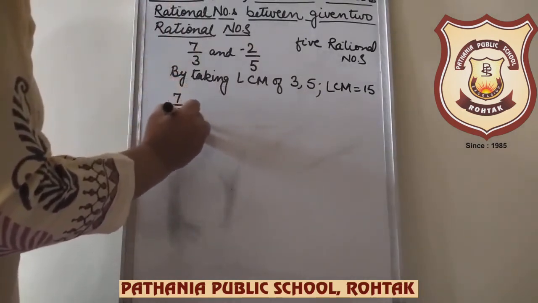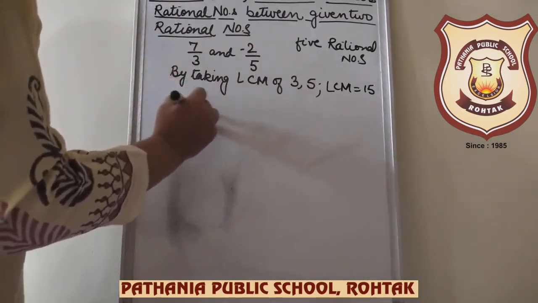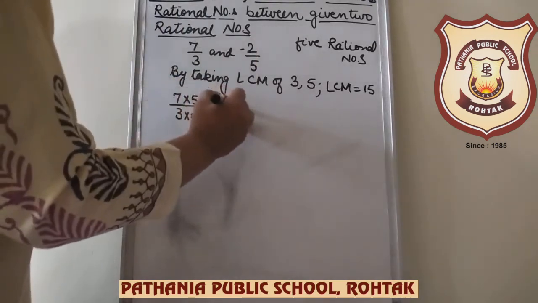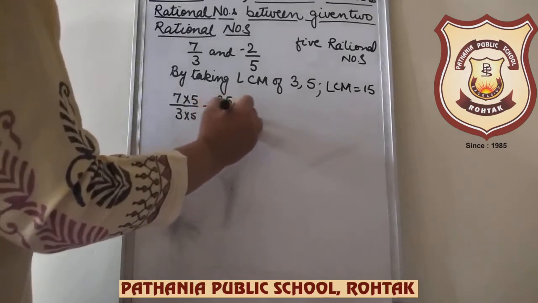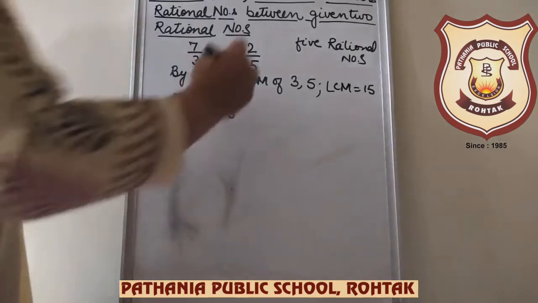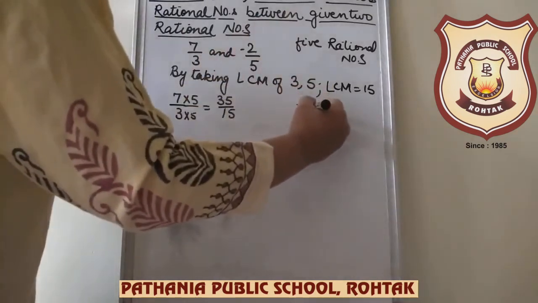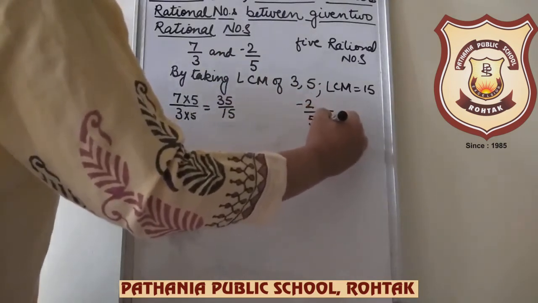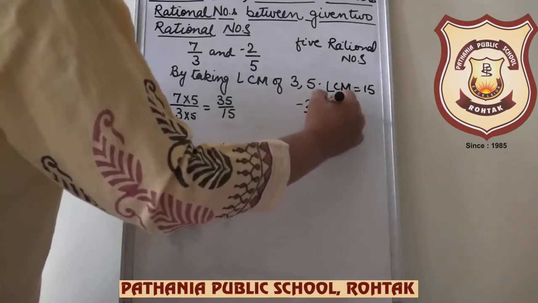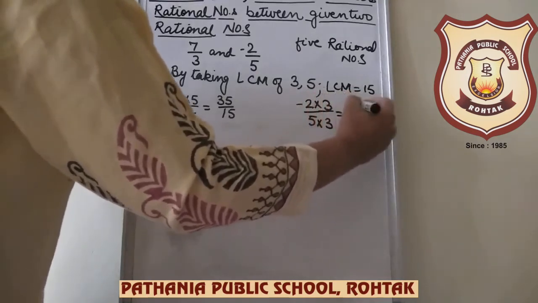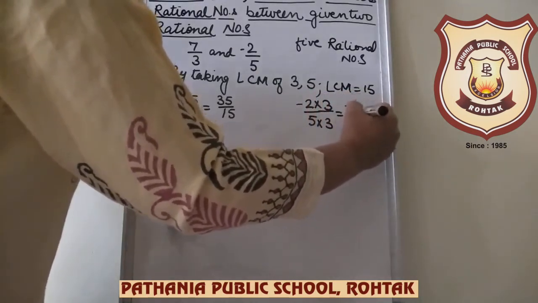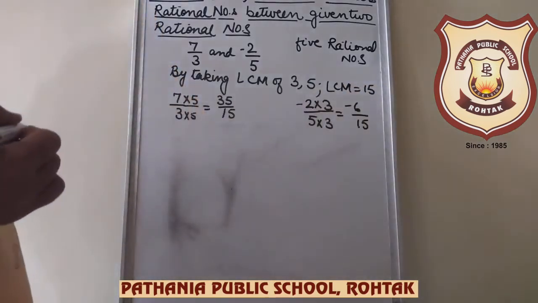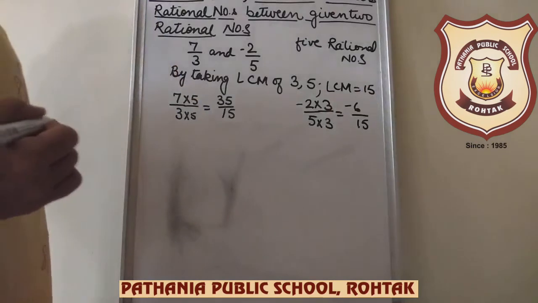So 7/3, multiply this with 5, both numerator and denominator, this becomes 35/15. And the other rational number is -2/5, multiply that with 3, both numerator and denominator.